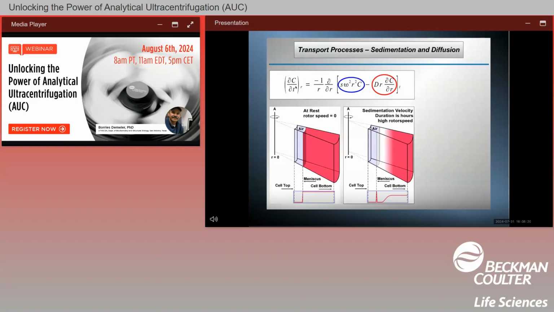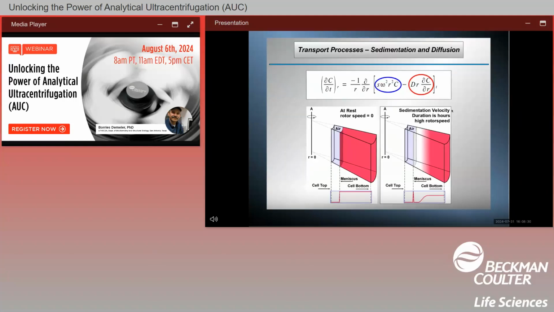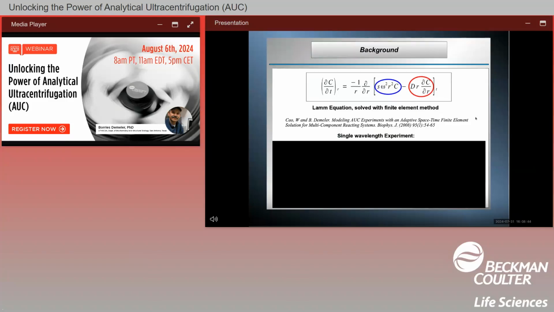And the change in concentration over time and radius is then observed and modeled by solving this equation using finite element methods. So this process then can be precisely modeled by this equation inside of that sector-shaped compartment and gives rise to the molecular observables that we have here for the sedimentation and diffusion coefficient.